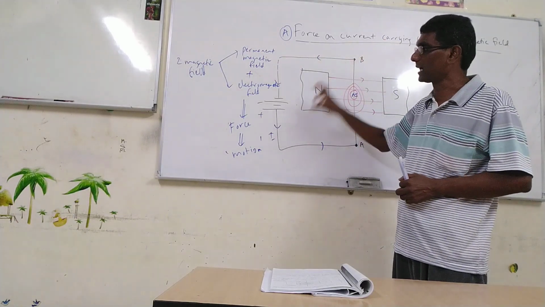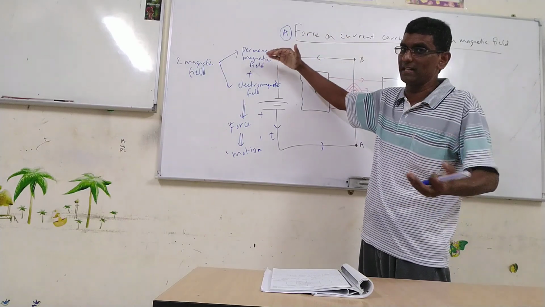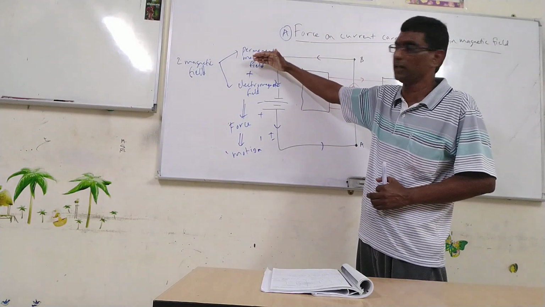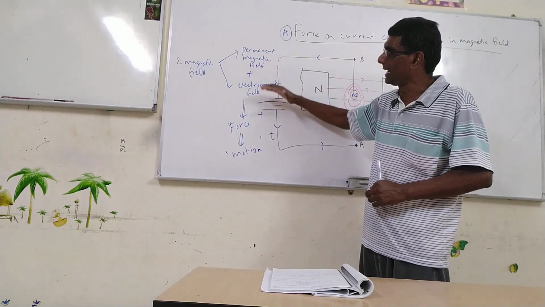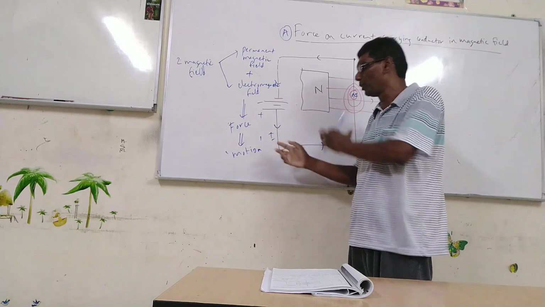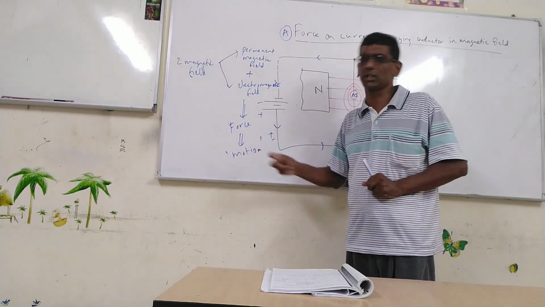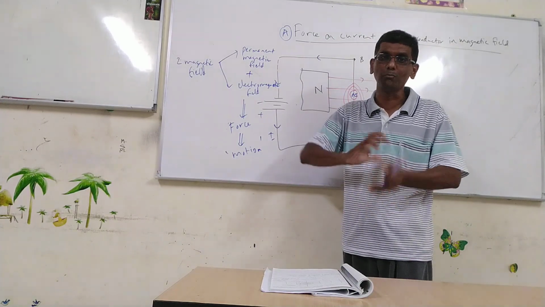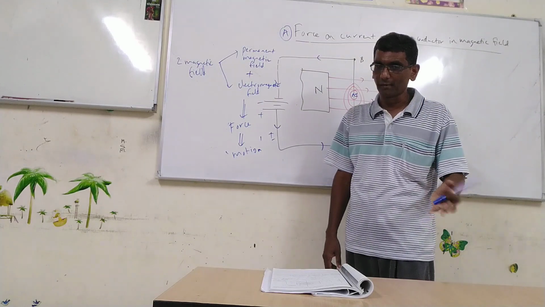There are two magnetic fields, permanent and electromagnetic, combined together. They produce force and motion. Motion is movement. Can you understand?